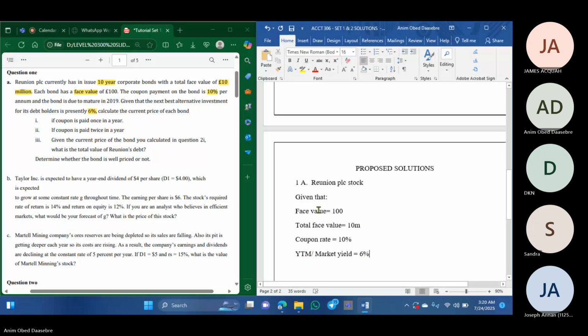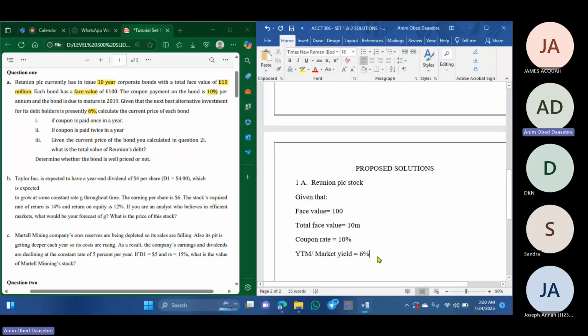So these are the available information from the question, right? And we are to find the price of the bond if the bond is paid once a year, so annual payment.